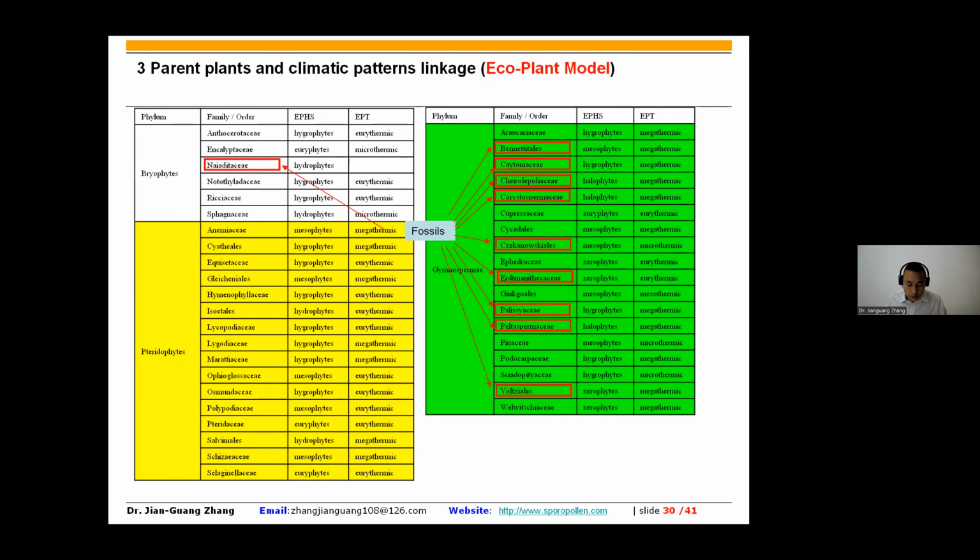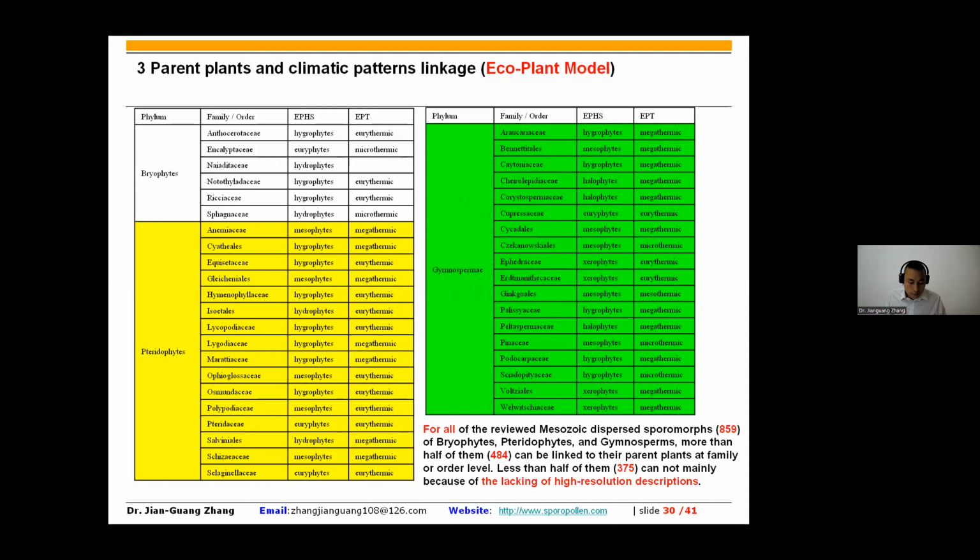It is easy to link the dispersed spores and pollen to them because we can get as many spores and pollen as we want. Some plants are extinct. Only in situ spores and pollen can be used. It is difficult to link the dispersed spores and pollen to them because of the limited fossils.